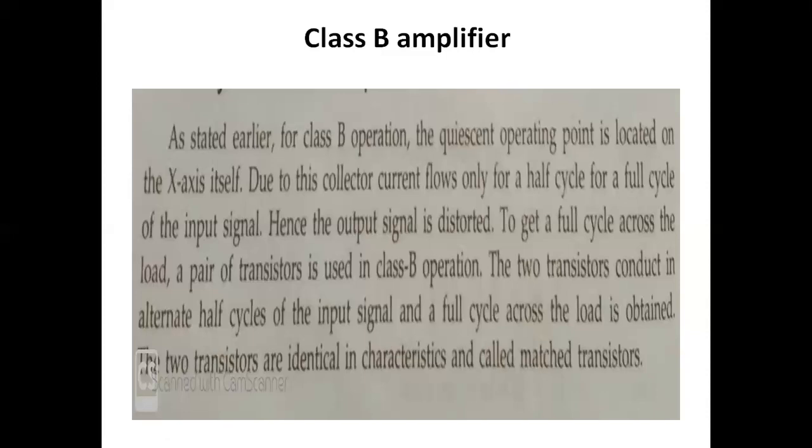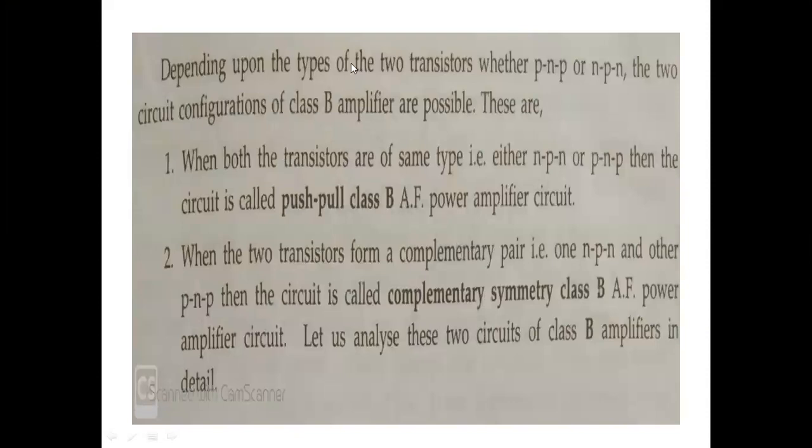Because of this operating point, we have a half cycle at the output. That is, the transistor conducts for only a half cycle for the full cycle of the input signal. Okay, so to get the full cycle, we are using two transistors. Those transistors conduct alternate half cycles of the input signal, and we get the full cycle at the output.